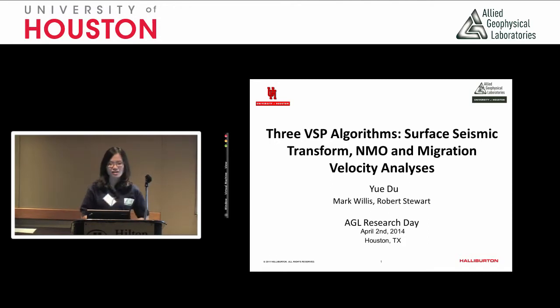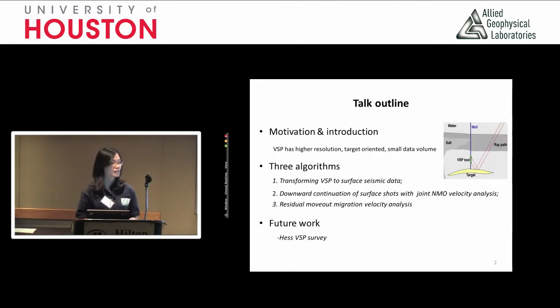Okay, so my talk outline: why we're doing these algorithms. Because VSP has a higher resolution and is target oriented, and it also has small data volume, we want to process VSP and improve the imaging for VSP.